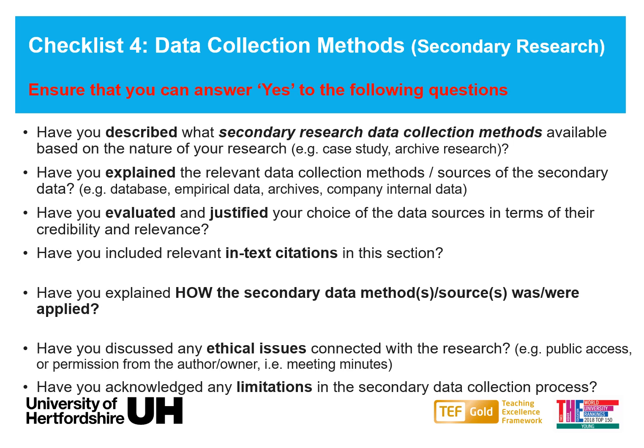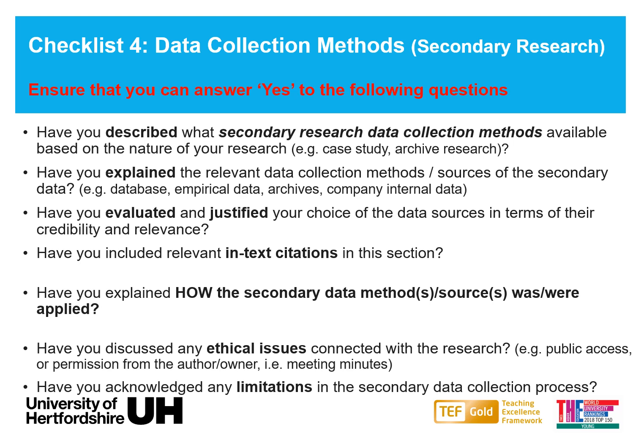If your research is secondary research only, the checklist is very similar in the first few points. Have you described what secondary data collection methods are available to your research? For example, your research may be a case study and the data is already available for this particular company in the public domain, so you just use that as your data and analyze it later. Or it may be archive research, where there are already trails of data or information available for you to work on.